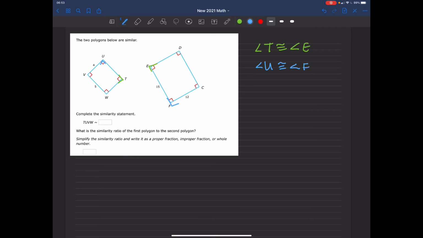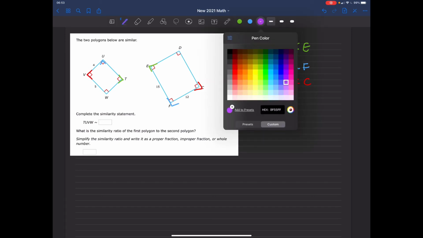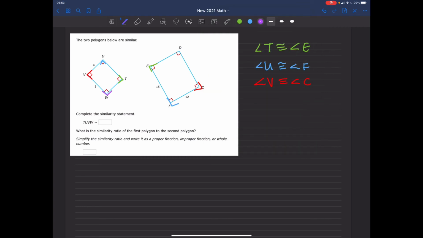And then angle V is going to be congruent to angle C. And lastly, angle W is going to be congruent to angle D. So now let's make the similarity statements.